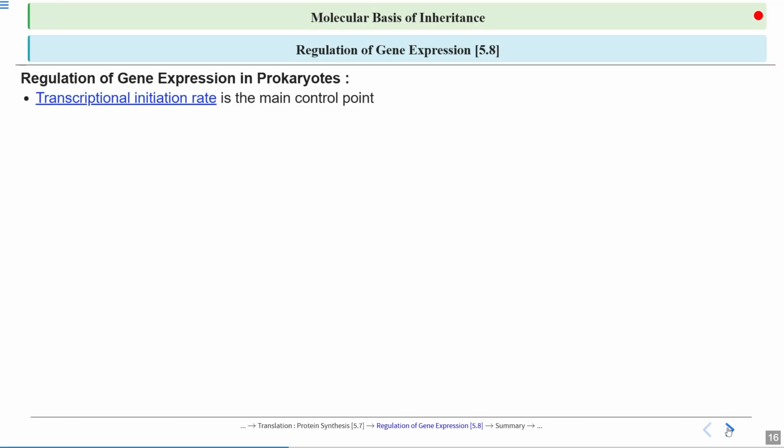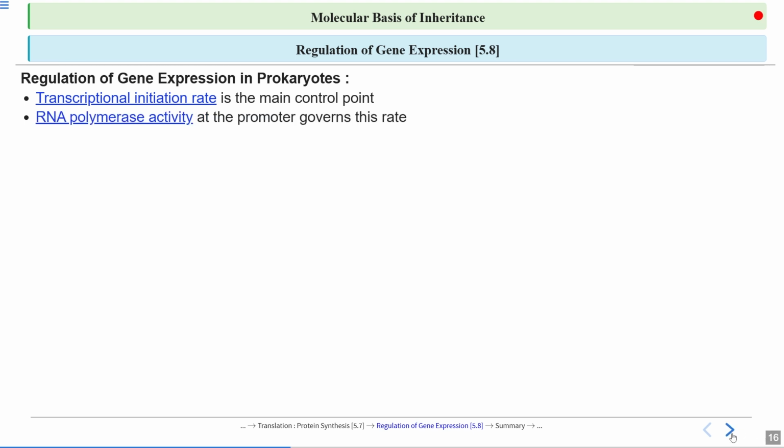Now, transcriptional initiation rate is the main control point. We talked about eukaryotes, where gene expression can be regulated at multiple levels. But if we talk about gene expression in prokaryotes, the main control point is the transcriptional initiation rate only.